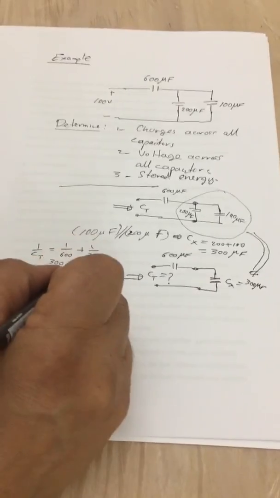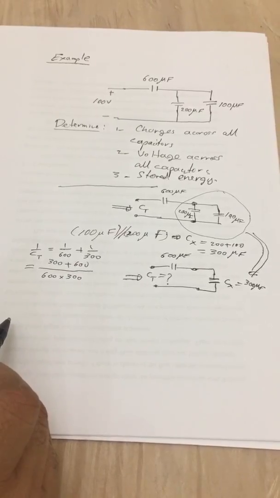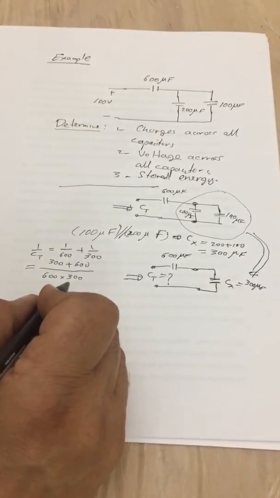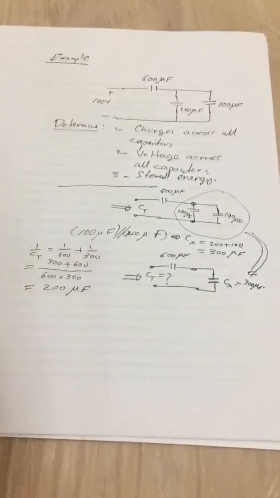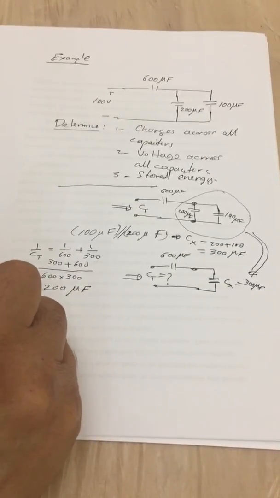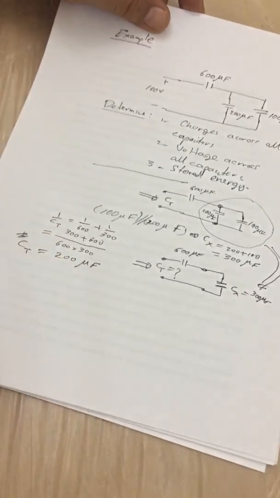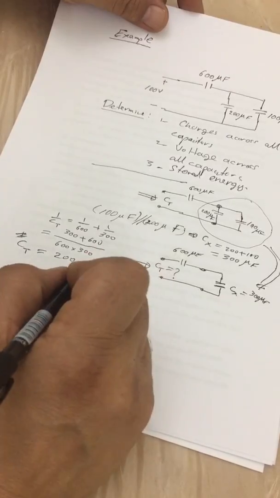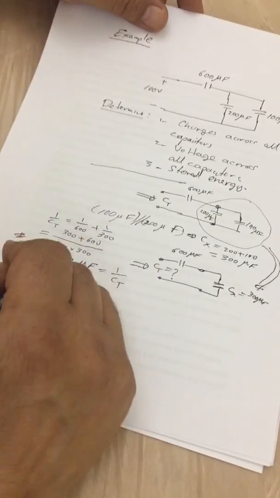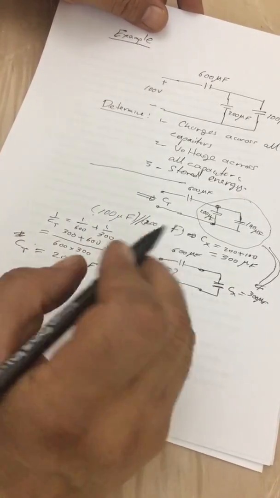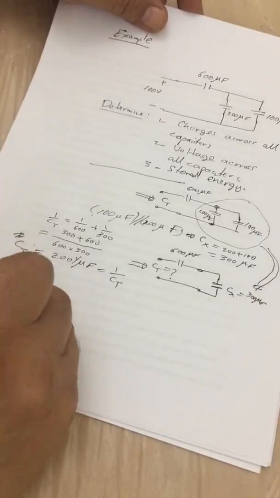600 times 300 divided by 300 plus 600. So 300 plus 600, which is 900. Note that this is 1 over C total, so it's not microfarad, it's 1 over microfarad.